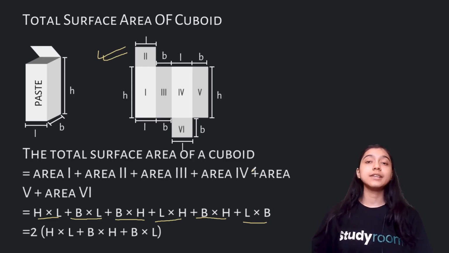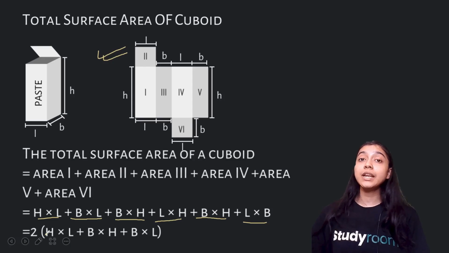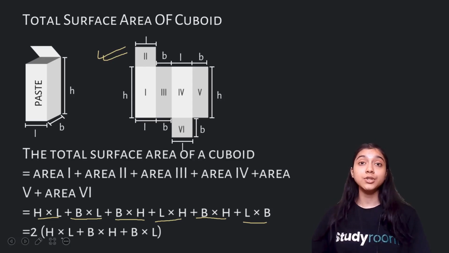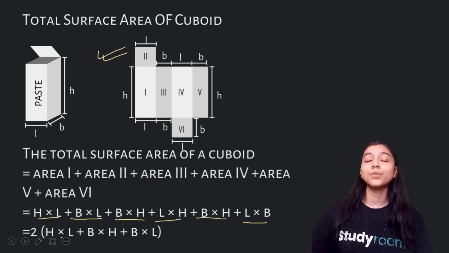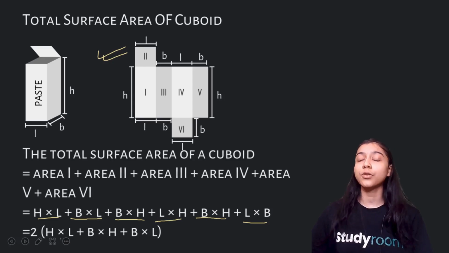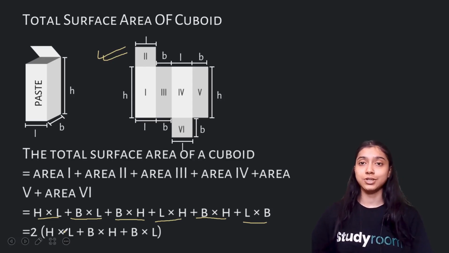We take 2 common outside, and we are left with length into breadth plus breadth into height plus length into height within the bracket, and that is the total surface area of a cuboid whose length is L, breadth is B and height is H.